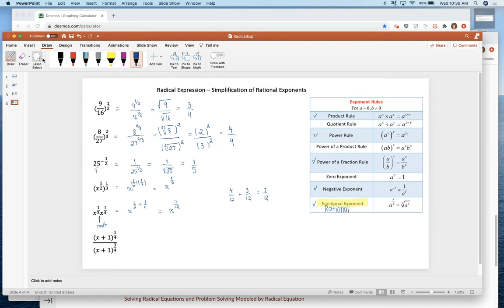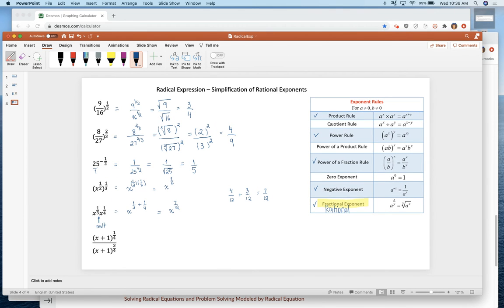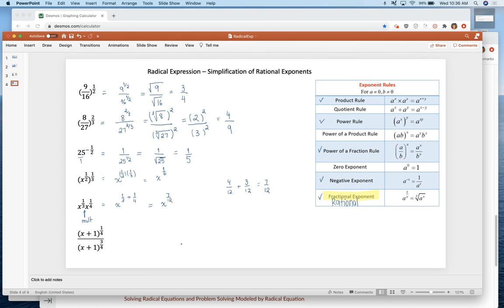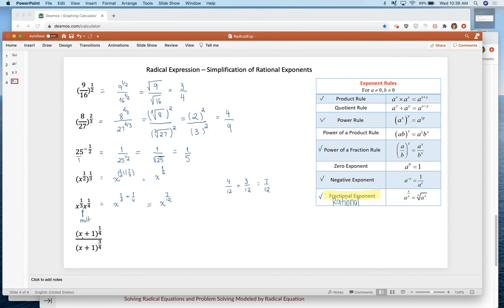Okay, now we have the same base. Pay attention, you can only apply those rules if you have exactly the same base. If you don't have the same base, you leave it as it is. There is nothing to be done.